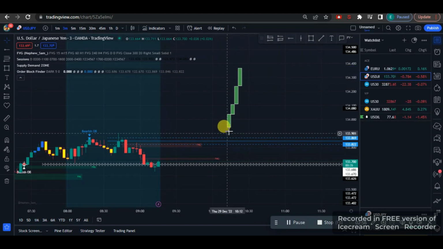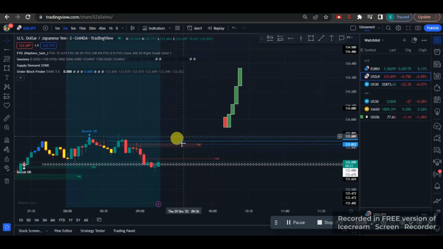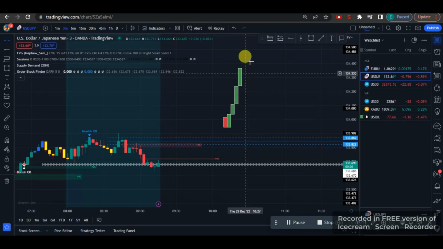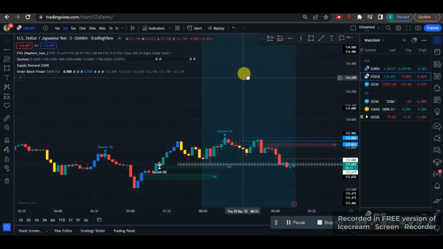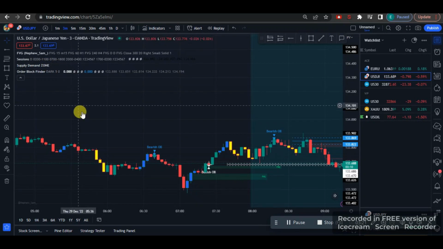When you see a movement to the upside like this, definitely there's going to be a bearish candlestick somewhere around here. That is the last bearish candlestick before the move to the upside. As you can see, this is a strong momentum to the upside, so this is indicating a good demand zone, and I use this indicator called supply demand zone.